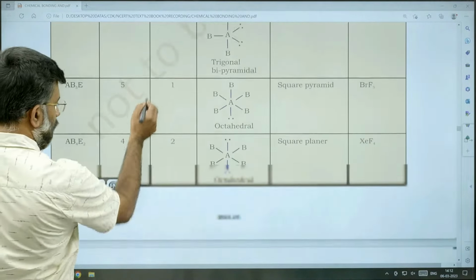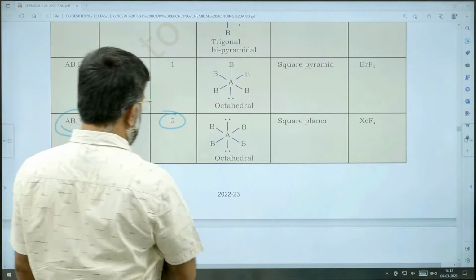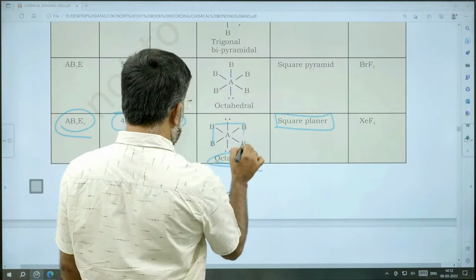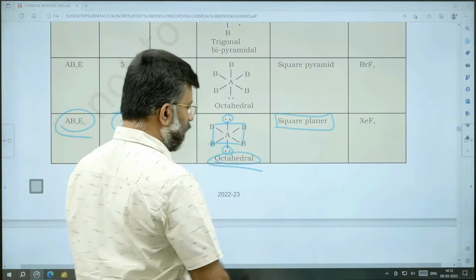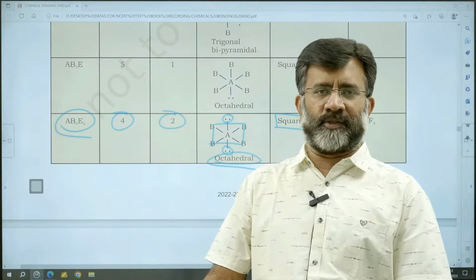And the last one, AB4E2 type. 4 bond pair and 2 lone pair will be octahedral like this, and it is square planar. This is a regular geometry as the 2 lone pair effect is getting cancelled mutually. That is a square planar geometry.